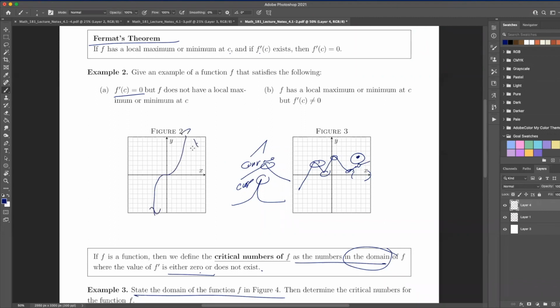Let's just say this is x cubed. Notice here at 0, we can clearly define what the derivative is. If the function is equal to x cubed, let me make this very clear, the derivative of my function is 3x squared.